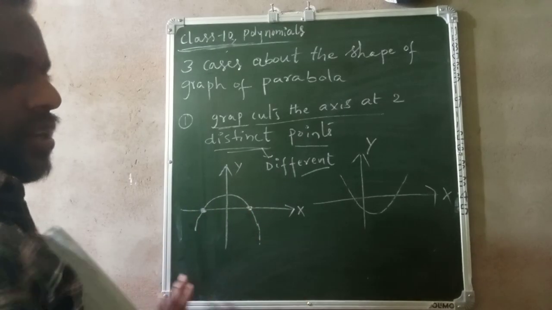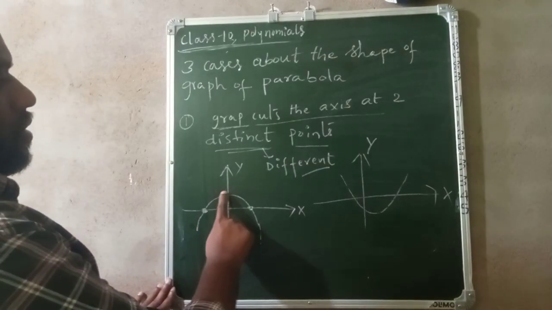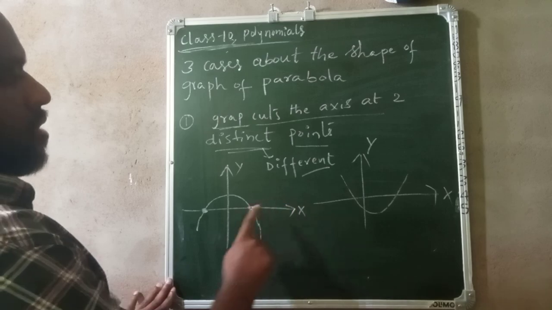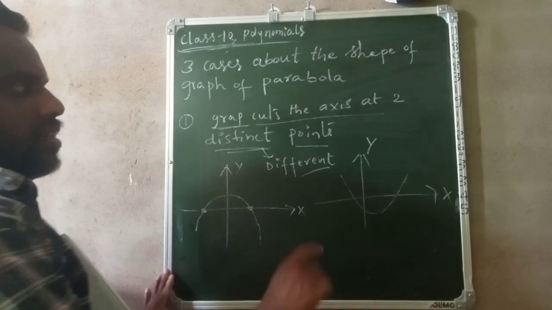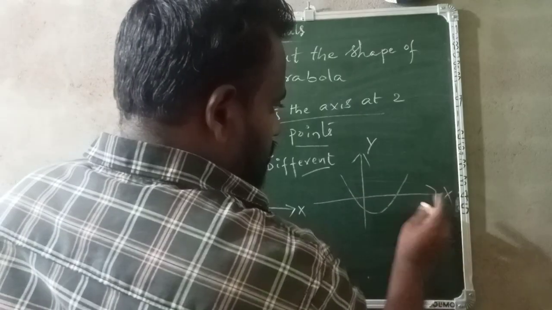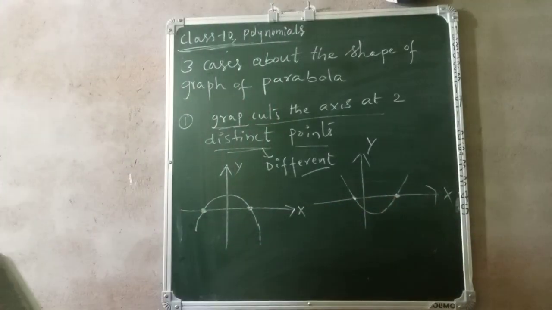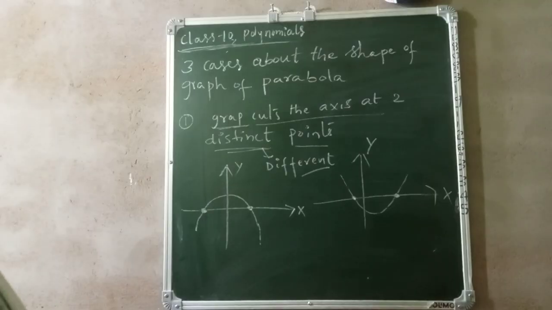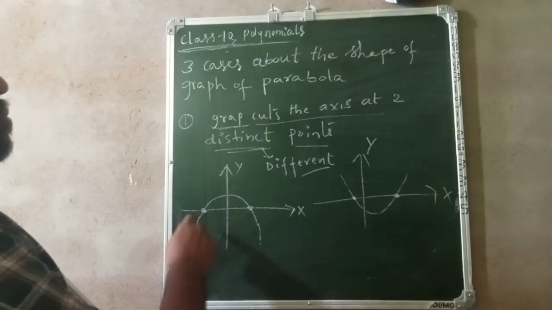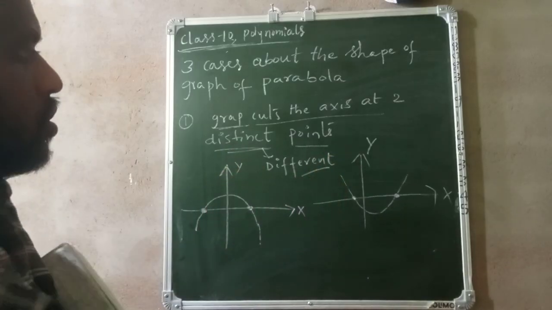These points are not the same. Both are different points. So see, this graph is cutting the x-axis at two different points. Even here also, this graph is cutting the x-axis here and here. So this is the meaning of the graph cutting the x-axis at two distinct points.